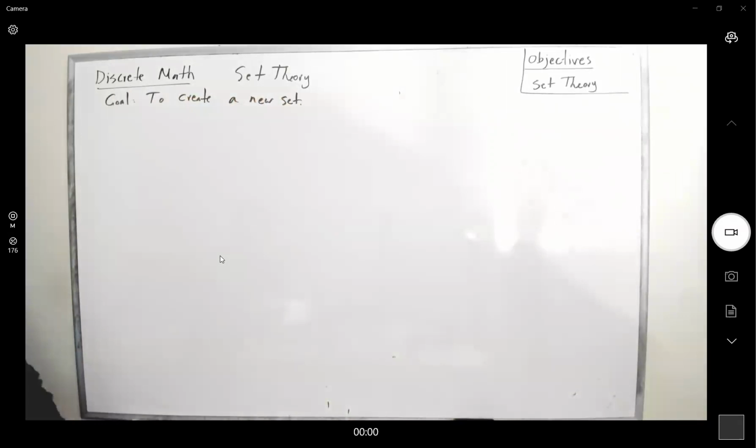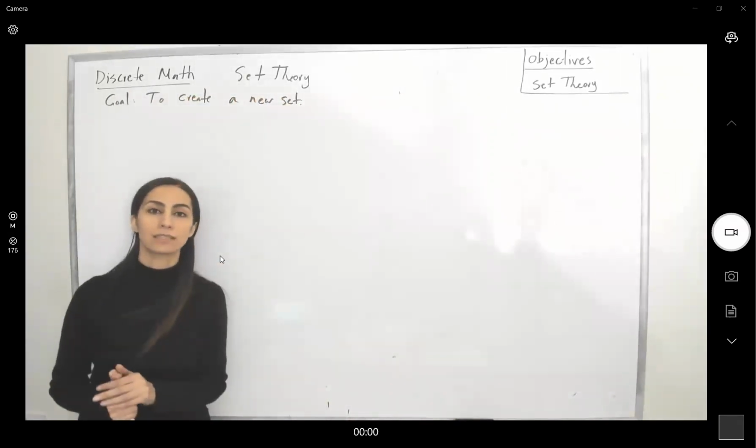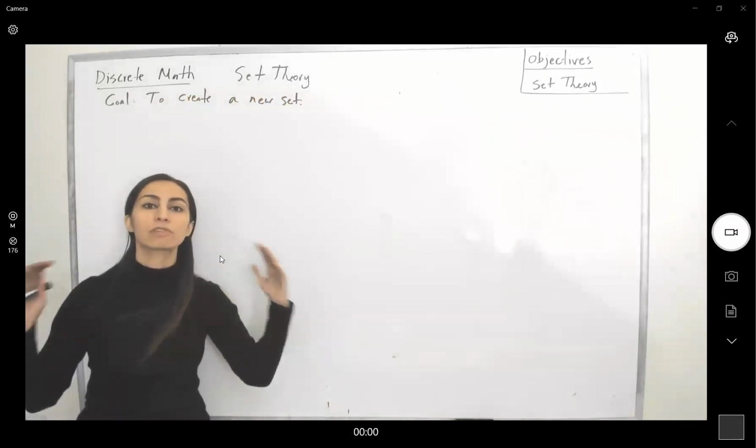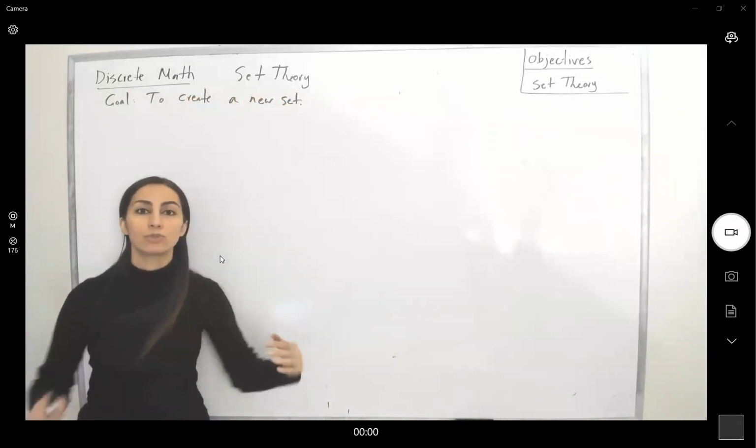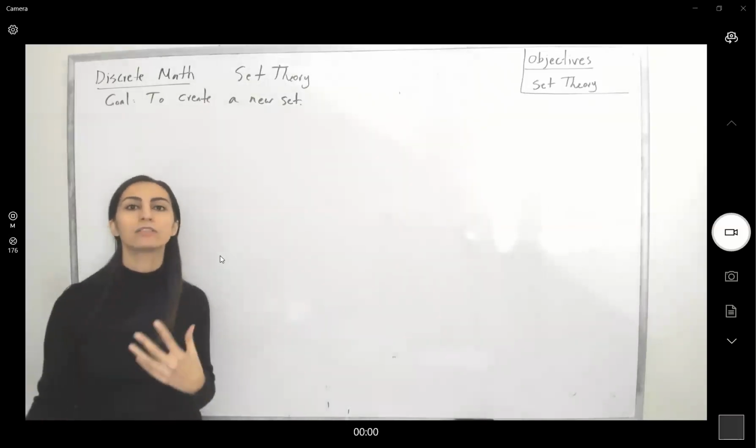Let's see. When you're creating a new set, first of all, you need to restrict yourself to the largest set that we call the universal set.